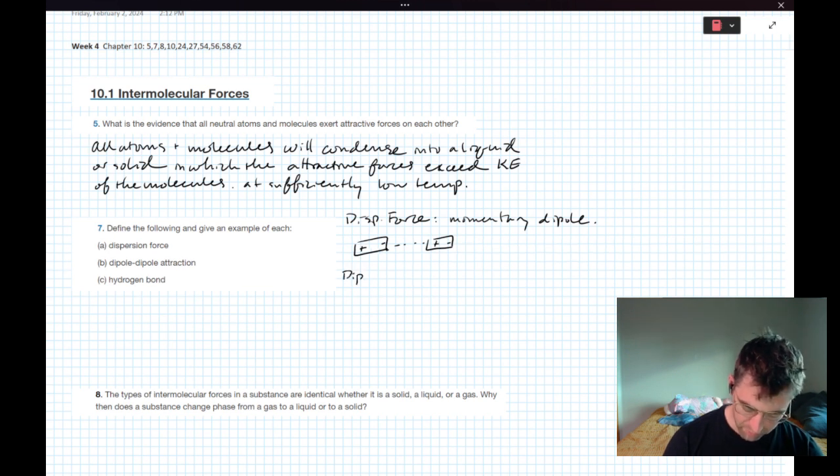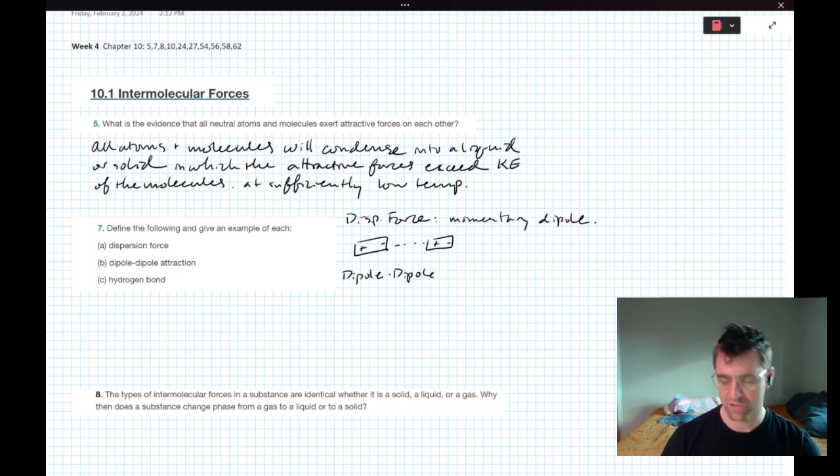Now, a dipole-dipole attraction is a much more scaled up version of this kind of attraction. Before I get too far ahead of myself, a good example of a dispersion force would be any monatomic element, such as argon. We'll leave it at that.